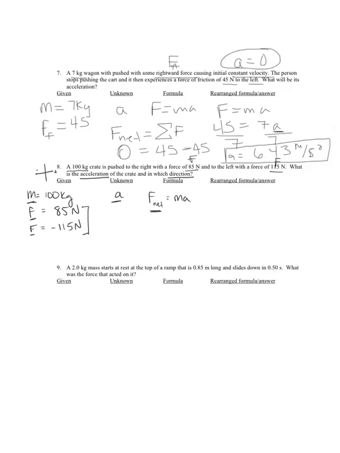So what I know is that I should have my net force on one side, which is 85 in one direction plus negative 115, that's my net force, is equal to my mass, 100 kilograms, times my acceleration, which is what I'm looking for. Okay, so now I'm just going to simplify this. 85 plus a negative 115. I add those two together, which gives me negative 30 equals 100A.